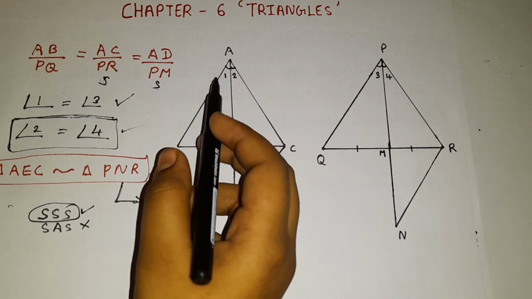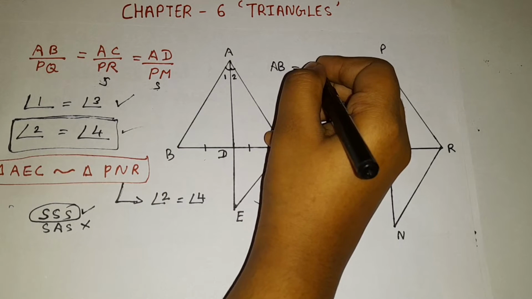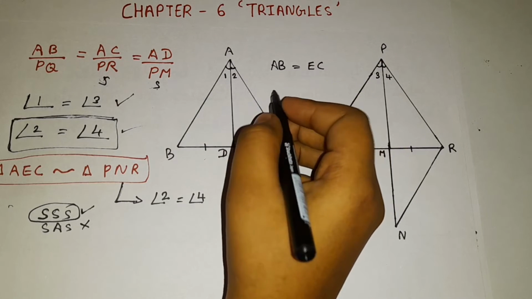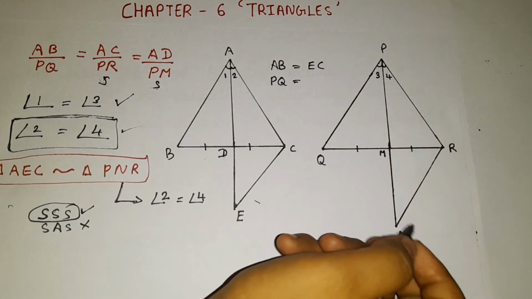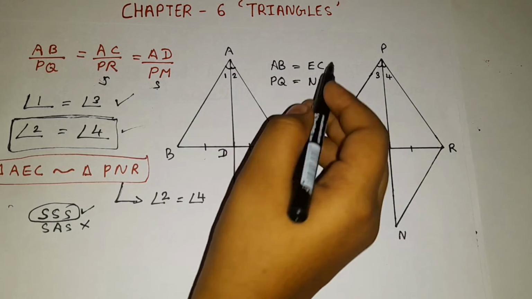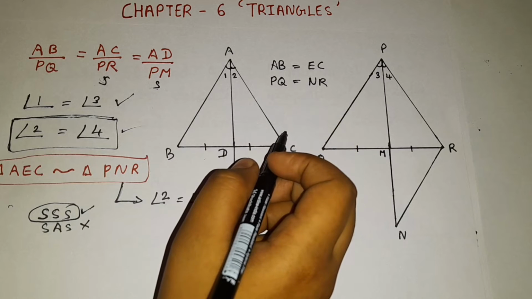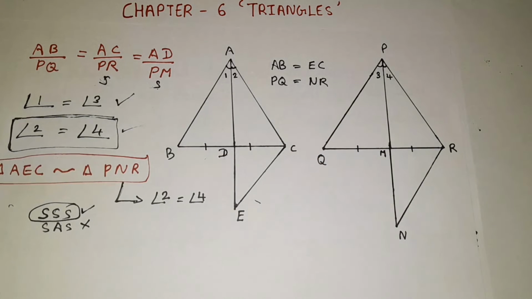For that we are supposed to say that AB is equal to EC, otherwise CE, and I'm supposed to show that PQ is equal to NR, or RN. Okay, so I'm supposed to get these values. Am I right? So to get these values, what am I supposed to do?